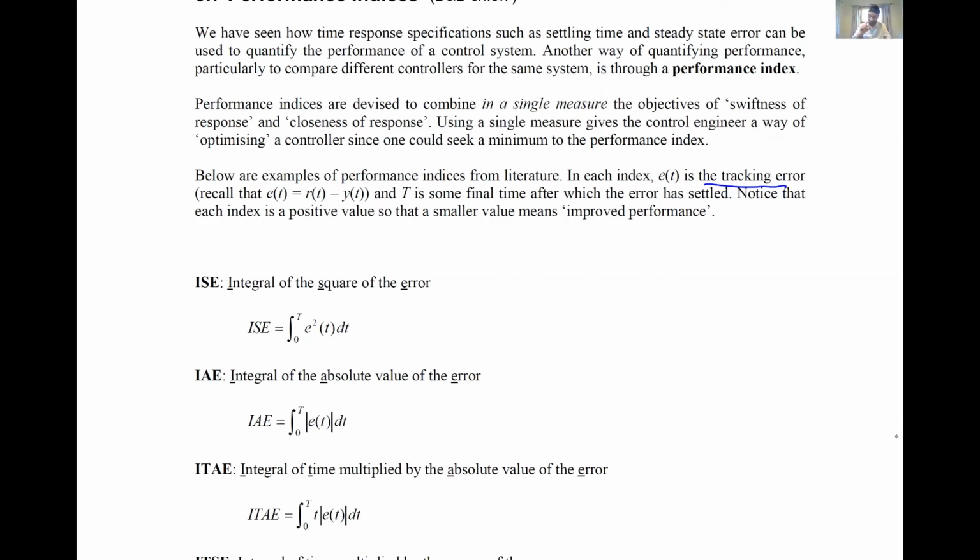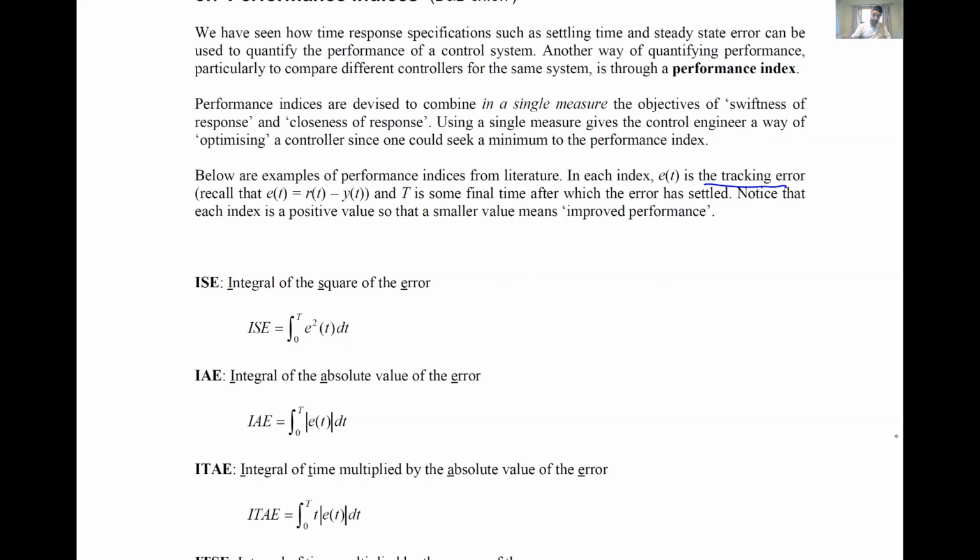If we try to make this integral go down to 0, or we want a performance index which is the minimum value of this integral, then we have somehow tried to make sure that both the speed of the response and the tracking are being taken care of.